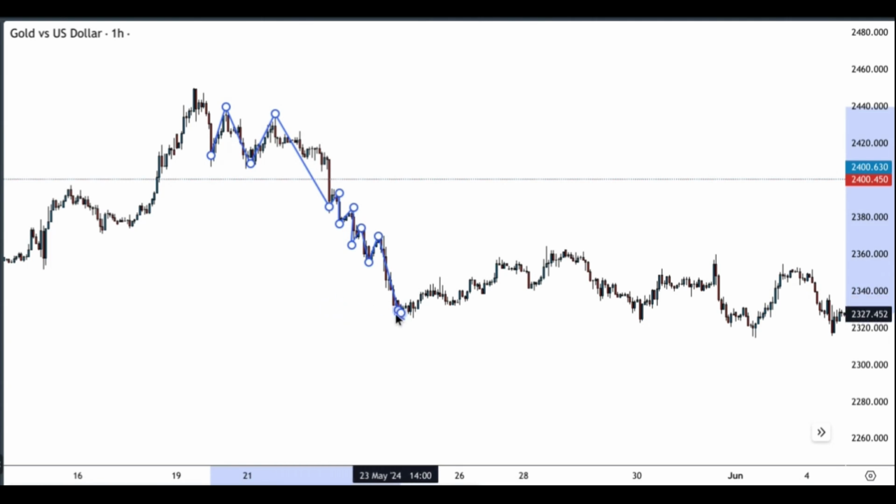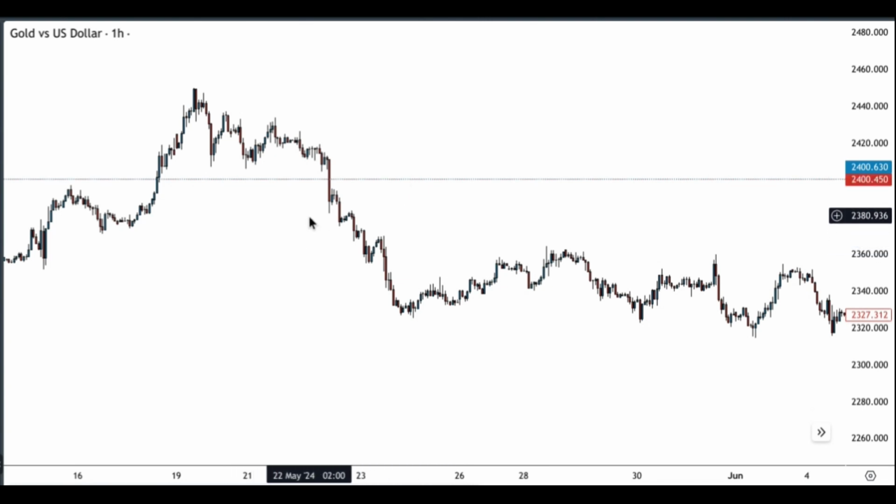All right, that is it, guys. So that basically tells you the kind of market structures that we can identify, and basically they're just three: an uptrend, a downtrend, and a ranging market.